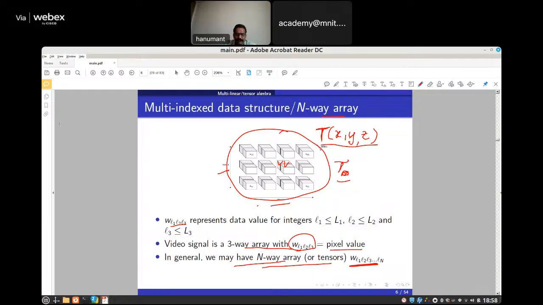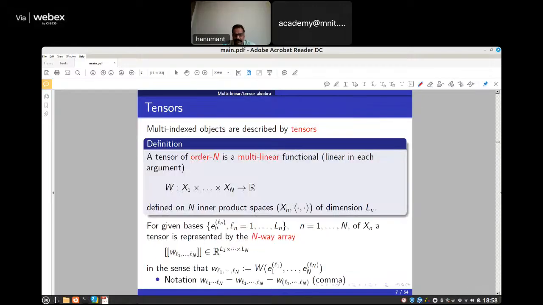But first, I have to define what a multilinear functional is. It is very simple. For T(x, y, z), you just fix y and z, or fix all of them apart from one, and then this entire function will become a linear function. All of you know linear, no?